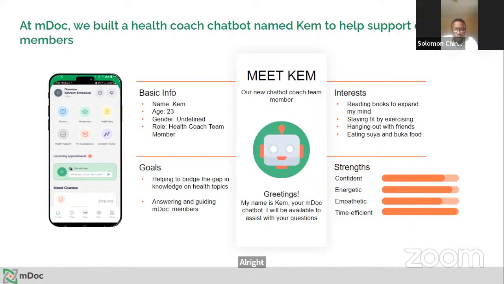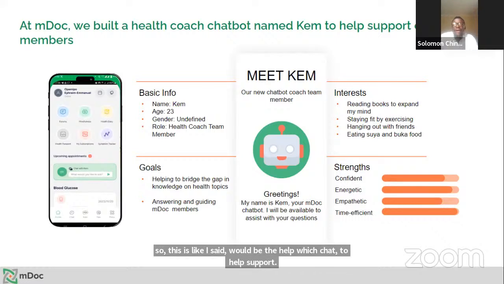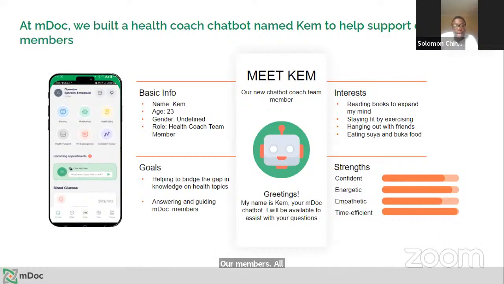So this is, like I said, the health coach chatbot named Chem to help support our members. We're a digital health company, and for us, the idea came when COVID hit.